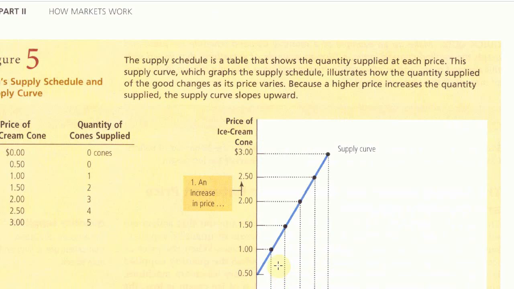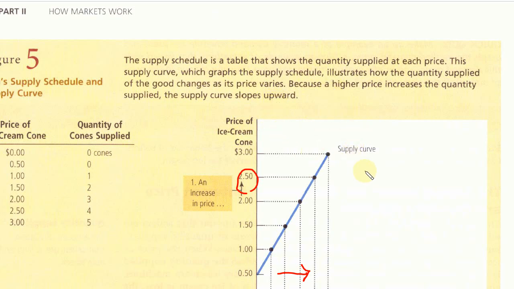As the price increases, as you can see here, you will have an increase of supply. This is the quantity supplied, the quantity of ice cream cones here.